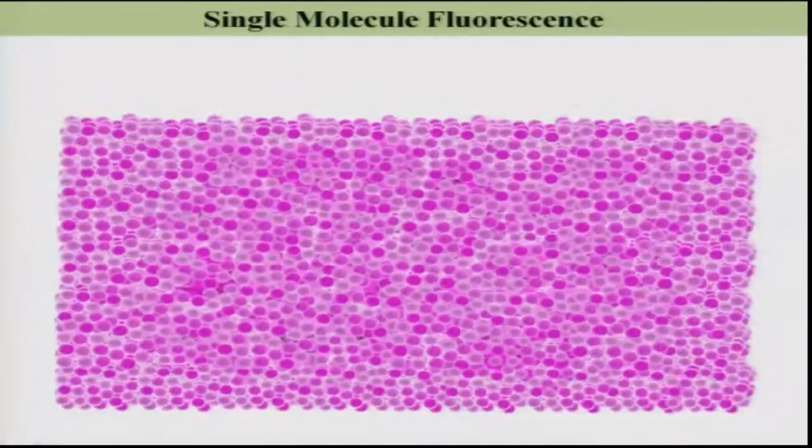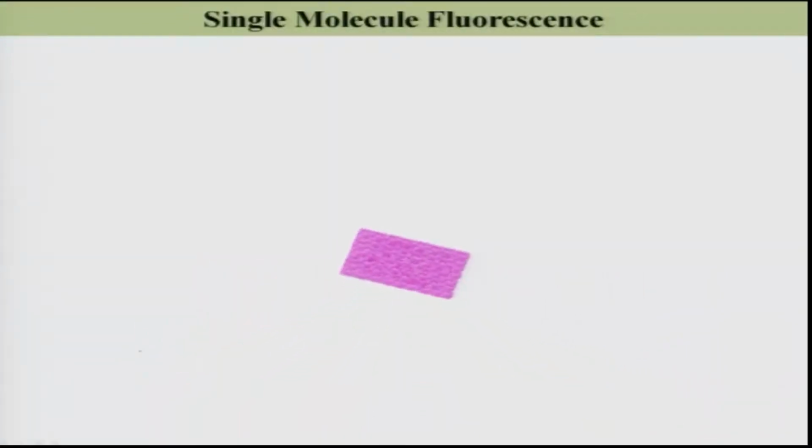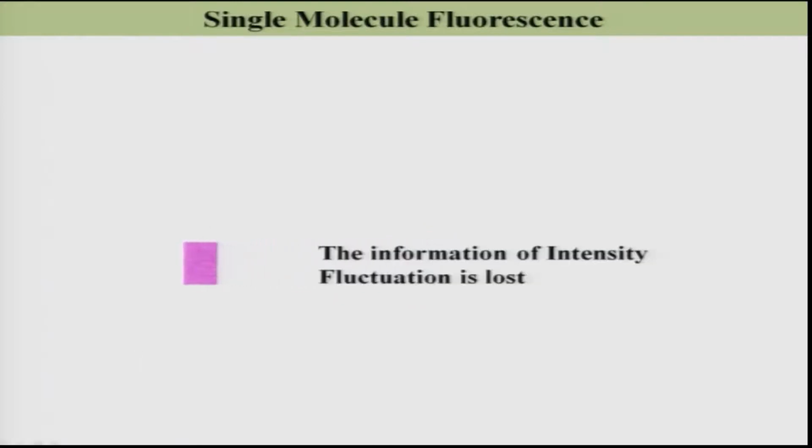From far apart, I cannot distinguish the different colors of the different biomolecules present in my sample. That means the information of intensity fluctuation is now lost. For me all these colors are equal; from here to here it looks like a single color.